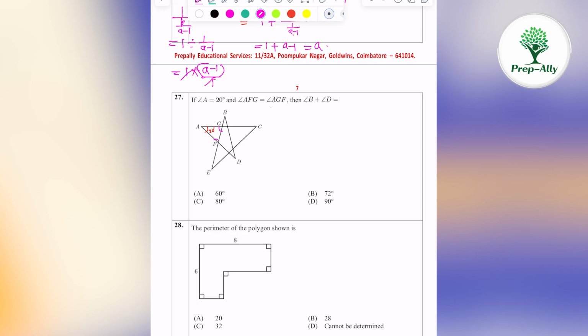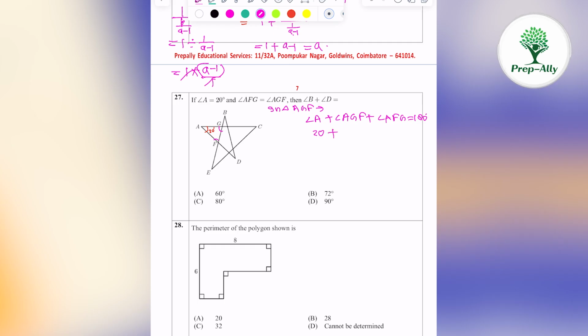So can I write here in triangle AGF, angle A plus angle AGF plus angle AFG is equal to 180 degree. So angle A we can write the value is 20 degree.